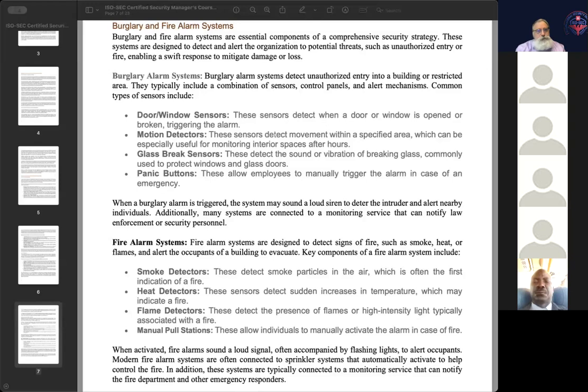So we have sensors with the security alarm systems to protect doors from opening and windows. Windows can open like this or can be sliding. We have different magnetic contacts, as we call them.